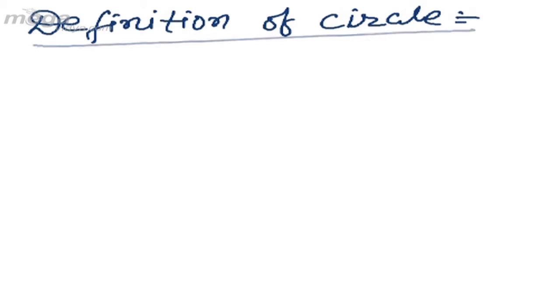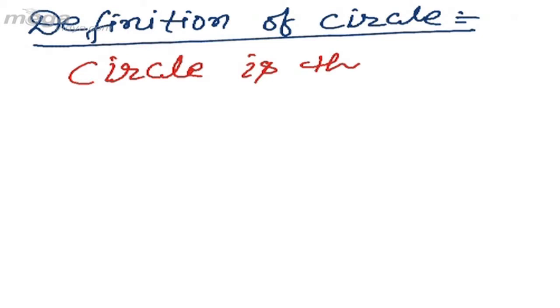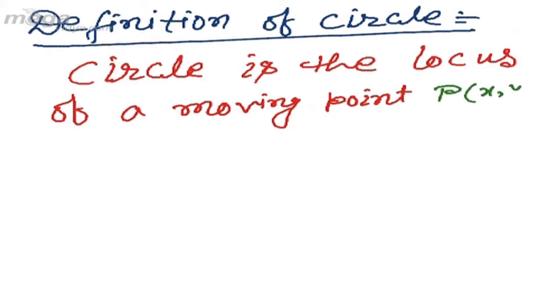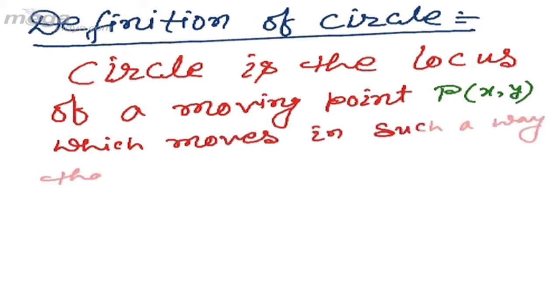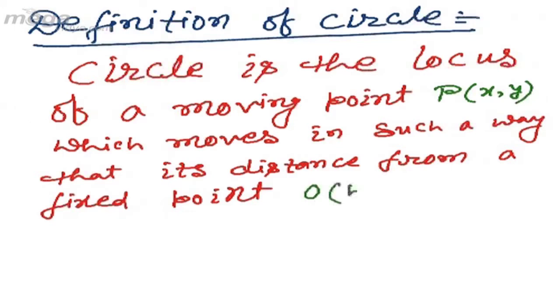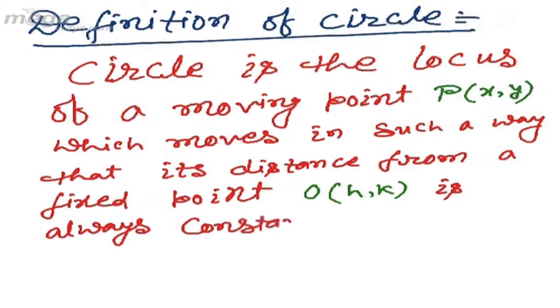So you can define it like this: a circle is the locus of a moving point P(x, y), which moves in such a way that its distance from a fixed point O(h, k) is always constant, and that constant I'm taking here as r.